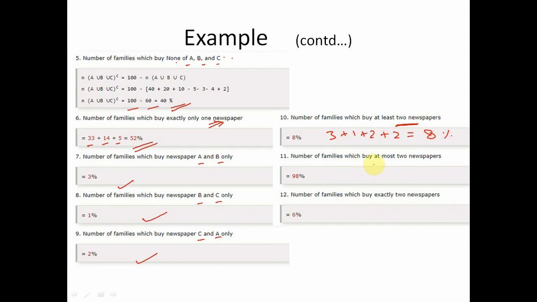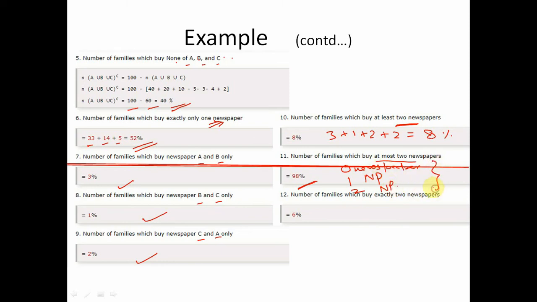Number of families who buy at most 2 newspapers, right? So that will come as 98%. At most 2 newspapers means 0 newspapers, 1 newspaper, or 2 newspapers. So I leave it for you to calculate the number of families who buy exactly 2 newspapers.